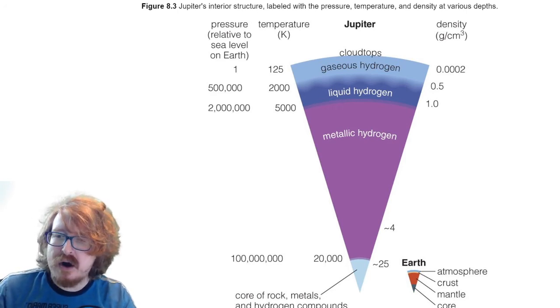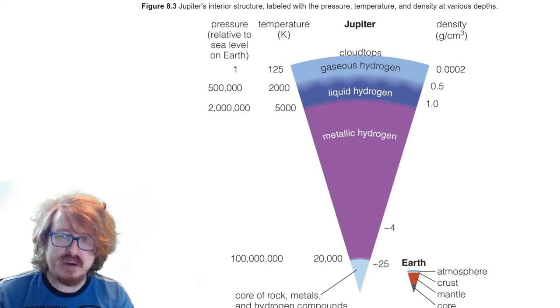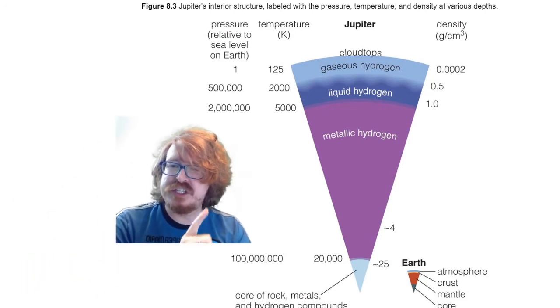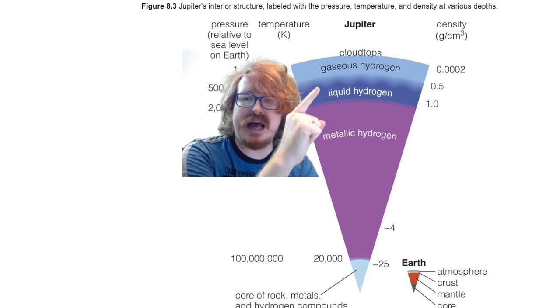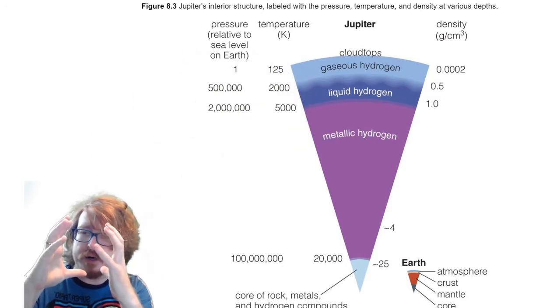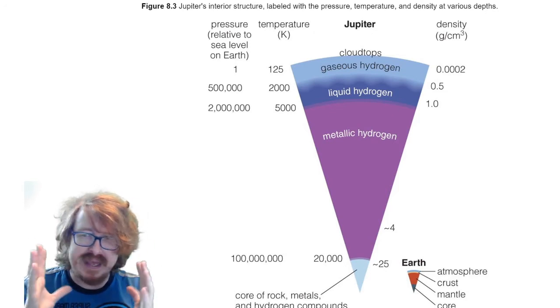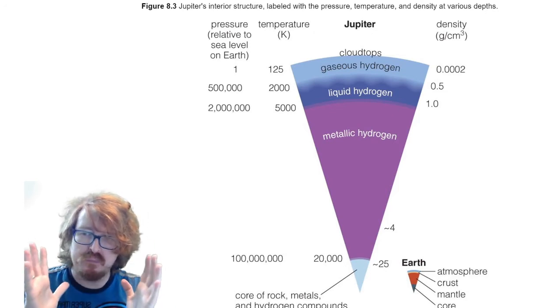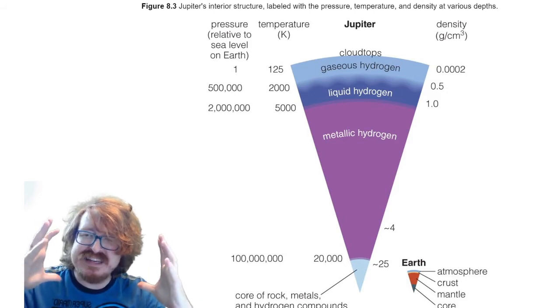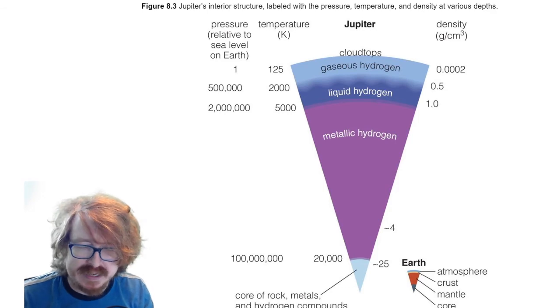And how do you make liquid metallic hydrogen? It's pretty simple. You just take regular liquid hydrogen and you squeeze it really hard. So if you take regular liquid hydrogen, like we can just make without too much difficulty, and squeeze it extremely hard, it makes it so it can conduct electricity.